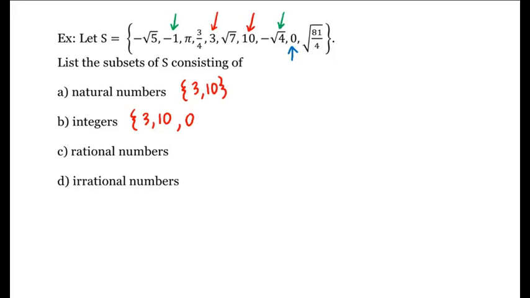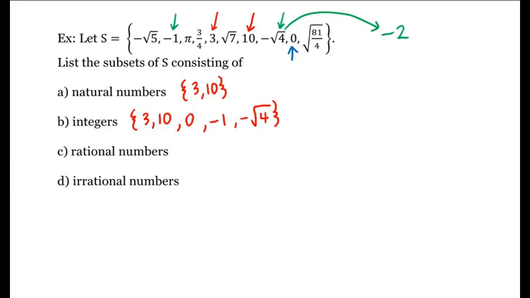Because of the square root, we might have missed this. But isn't the square root of 4 just 2? So this is really just -2, which is an integer. So we'll add these to our list as well: -1 and negative square root of 4.